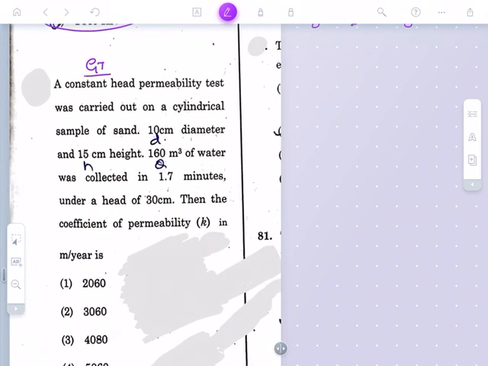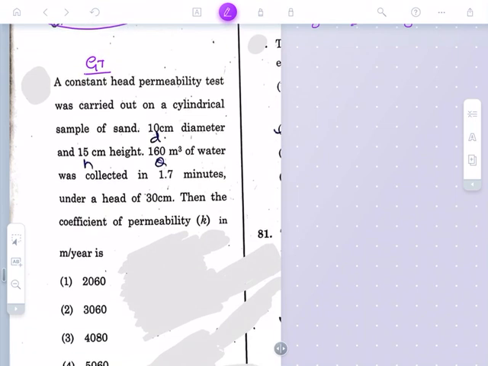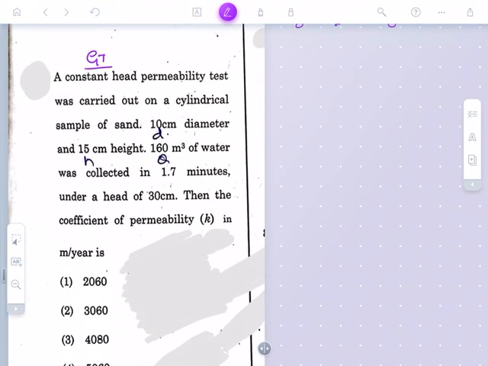See, a constant head permeability test was carried out in a cylinder sample of sand. The diameter is given, which is 10 centimeter, and the height is 15 centimeter, and 160 meter cube of water is collected in a time of 1.7 minutes under a head of 30 centimeter.